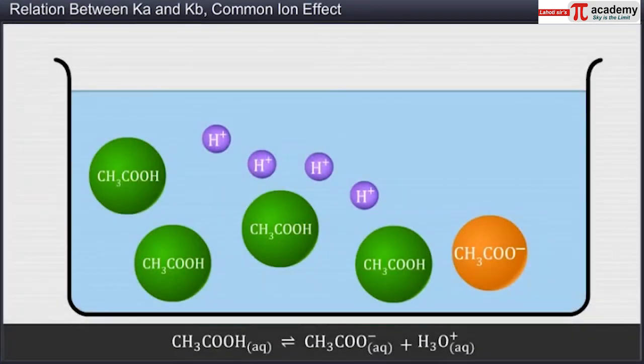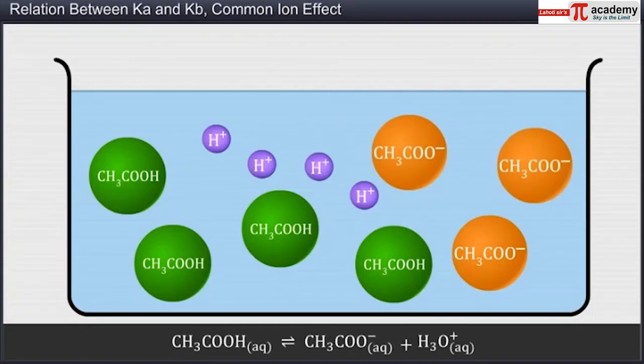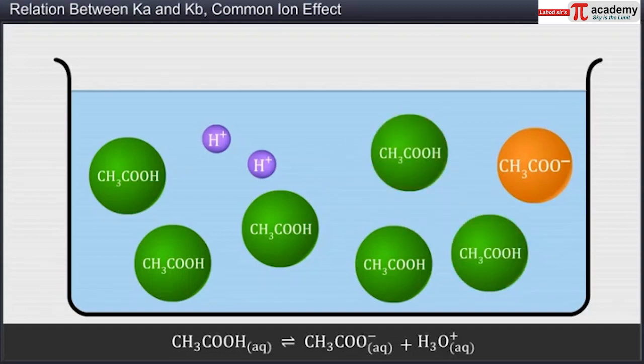Similarly, if you add sodium acetate, CH3COONa, that furnishes CH3COO- ions, the equilibrium also shifts to the left, suppressing the ionization of acetic acid. These are both illustrations of the common ion effect.